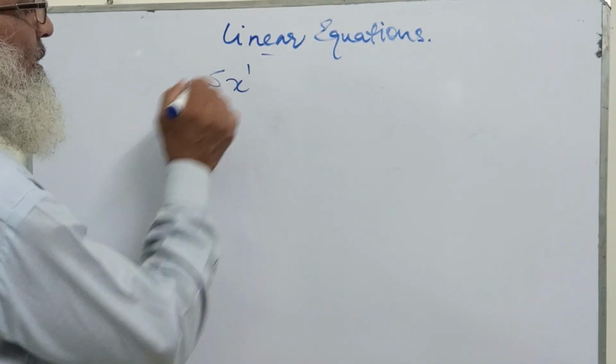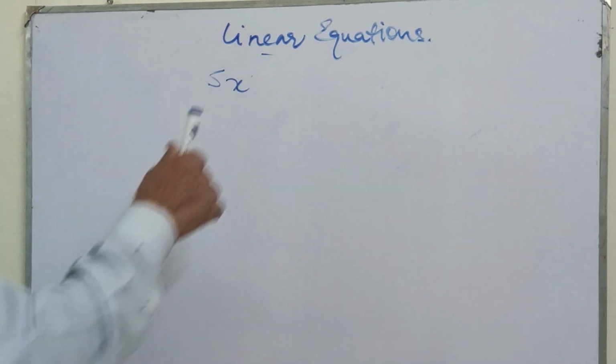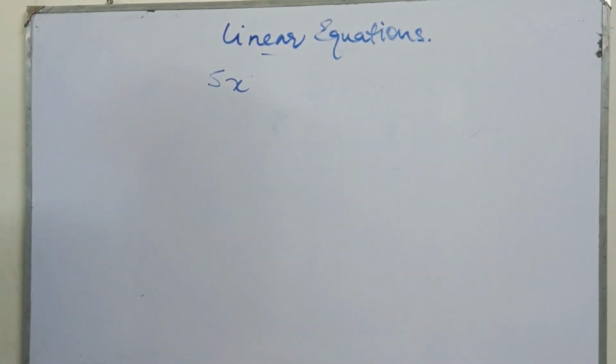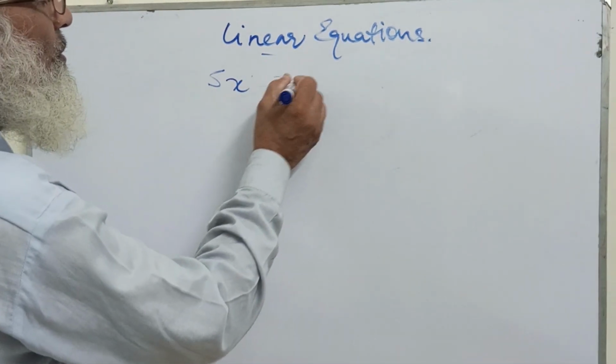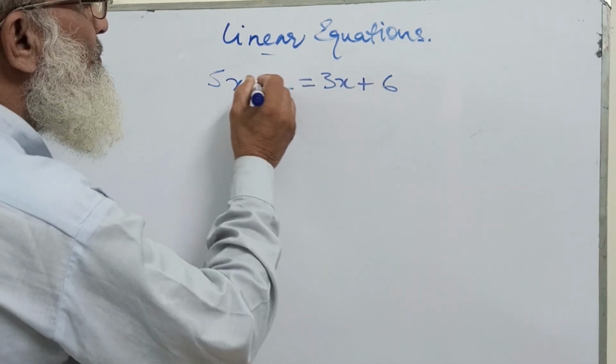So this is 5x. When there is 1, it is not written over there. Either it is on the power or it is in the coefficient. 5x minus 2 is equal to 3x plus 6.